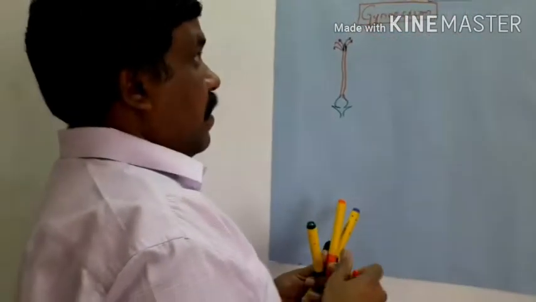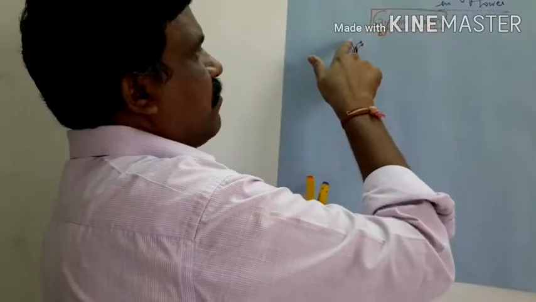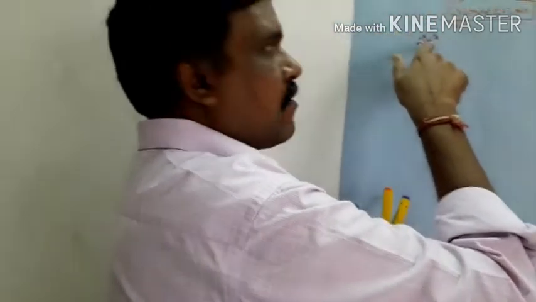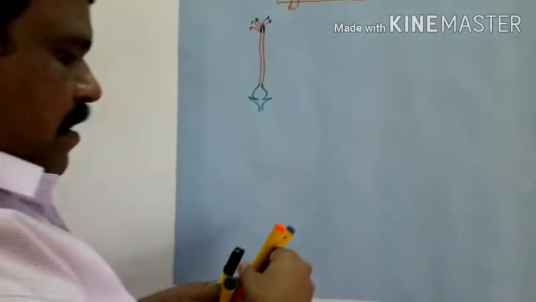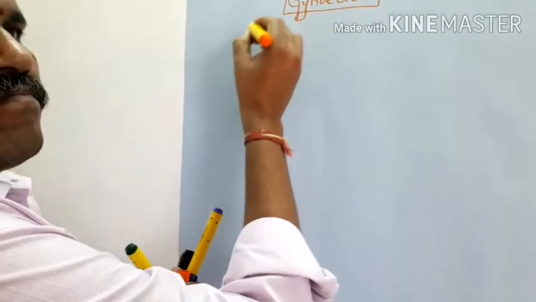Now this is the gynoecium. When you see, there are a lot of filament-like structures present here on the top of this particular tube-like structure, right? Now these structures that you are seeing here are many, isn't it?